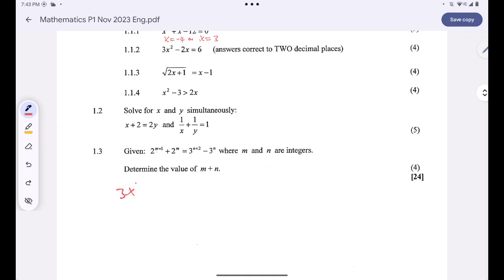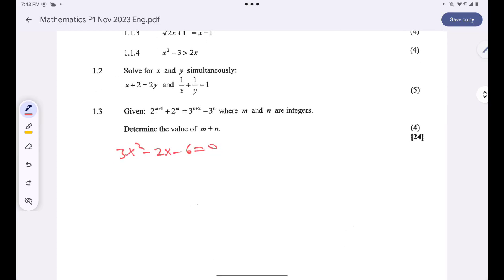So I'll have 3x squared minus 2x minus 6 is equal to 0. Then all I need to do here is to use my quadratic equation, né? But before I do that, I need to know the value of a. The coefficient of x squared is the value of a. The coefficient of x is the value of b, and then c is my constant term.